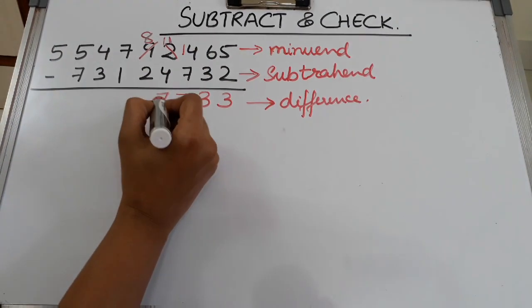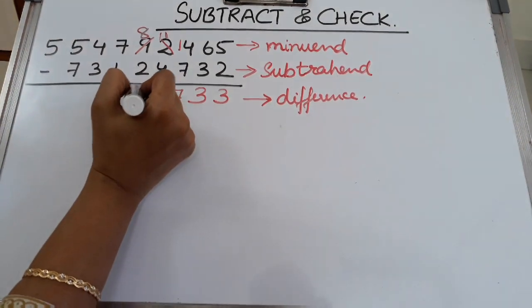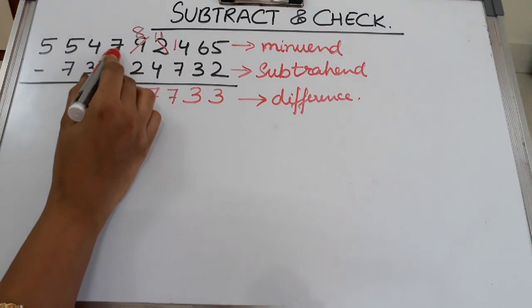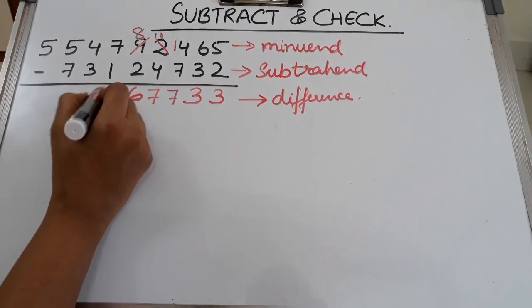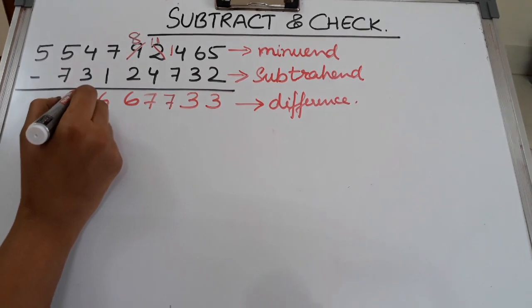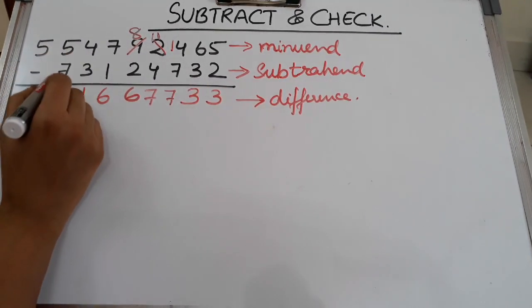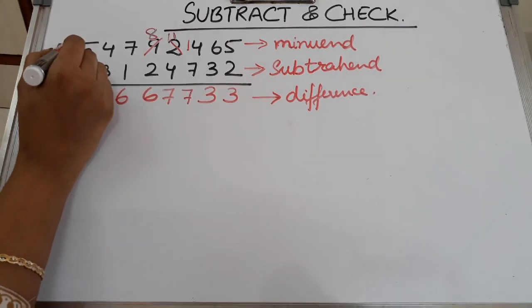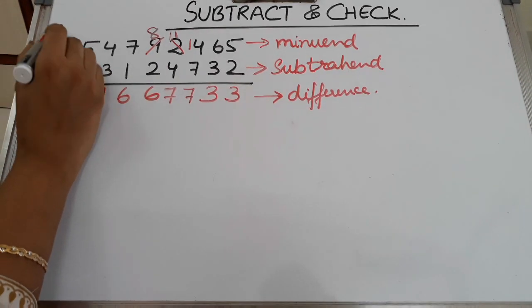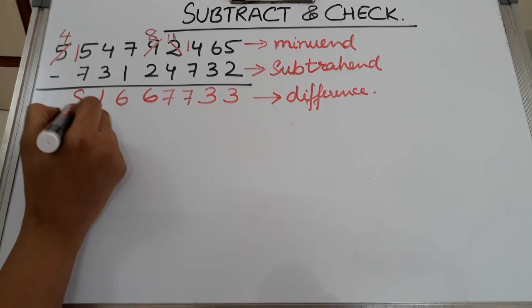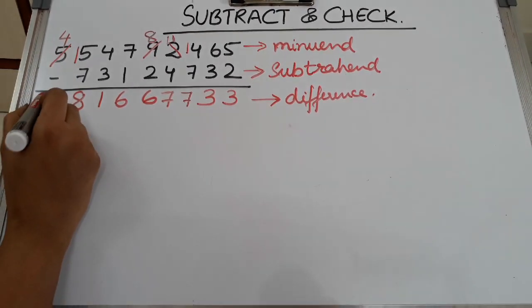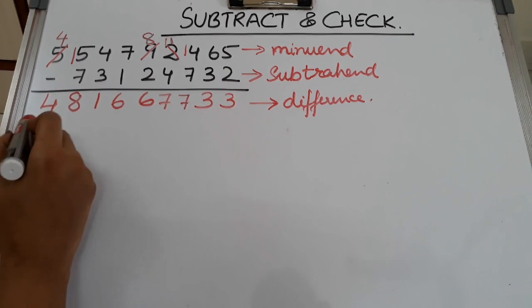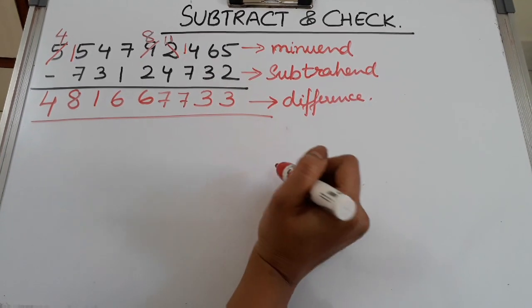Now this is 7. Again 8 minus 2 is 6. Again here 7 is greater than 1, so 7 minus 1 will be 6. 4 minus 1 is 3. 5 minus 7, again 5 is smaller than 7, so we will borrow 1 from this 5, this becomes 15 and here it is 4. So the answer here is 15 minus 7, 8, and here it is 4. So this is what is called the difference.